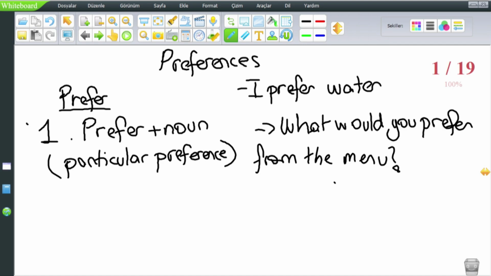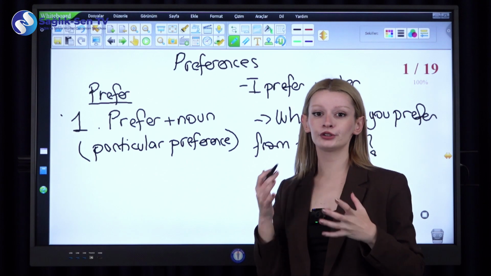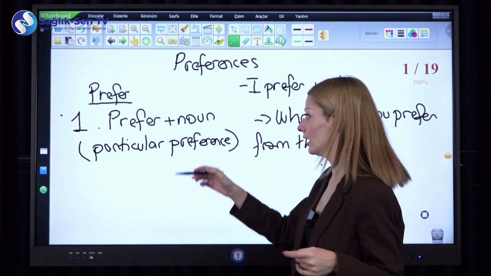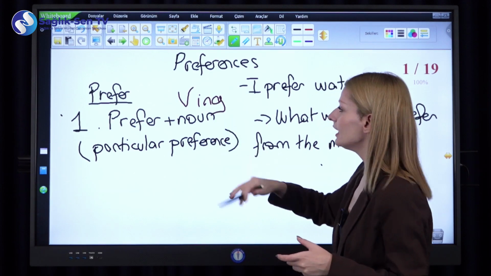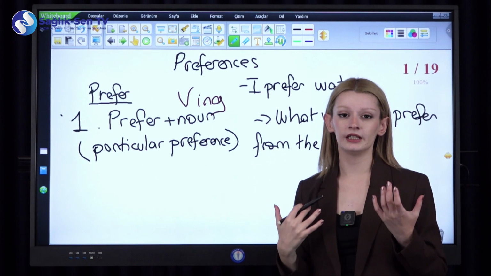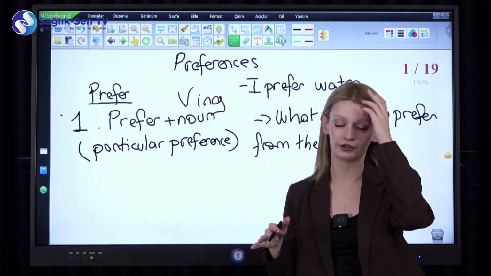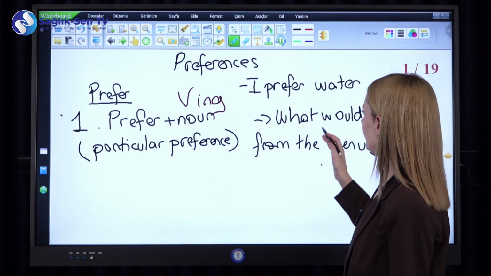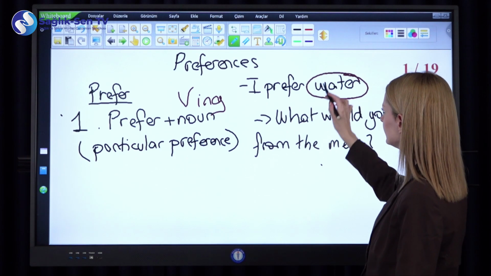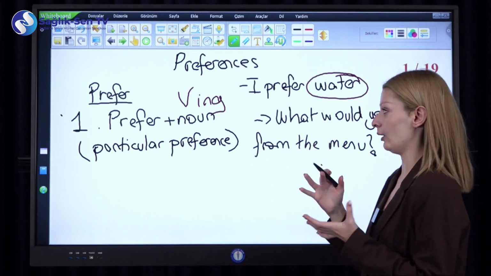Okay, we started with prefer. The first use of prefer is using it before a noun or a verb ing. And it expresses preference used in a particular situation, in a temporary situation. It's not our general choice. And we gave examples. I prefer water. It's not my general preference, but I choose it now.